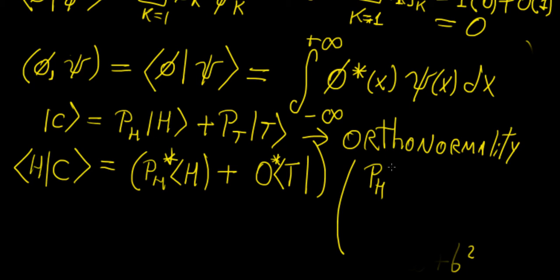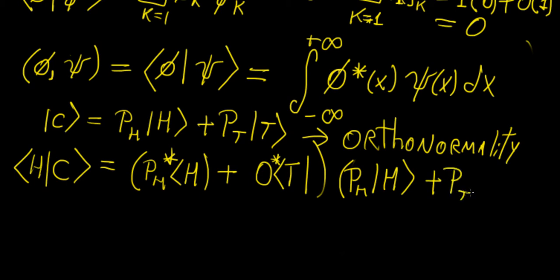So this is going to be pH, and it is actually not going to matter. I'm just including this for illustration, but to make it more general, I'm going to use a simple expansion. So I'm going to write pH of H plus PT of T.